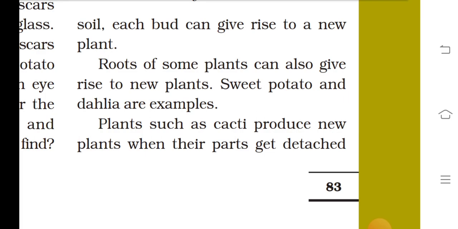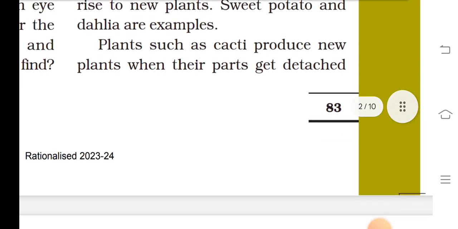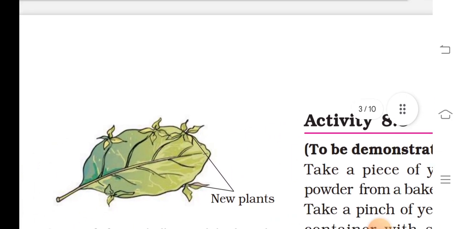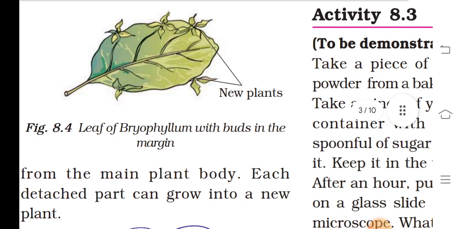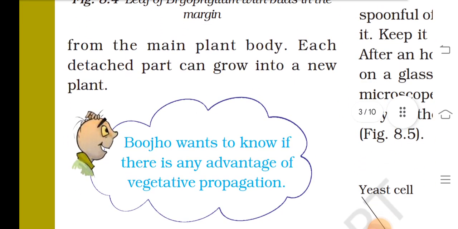Sweet potato and dahlia are examples. Plants such as cacti produce new plants when their parts get detached from the main plant body. Each detached part can grow into a new plant.